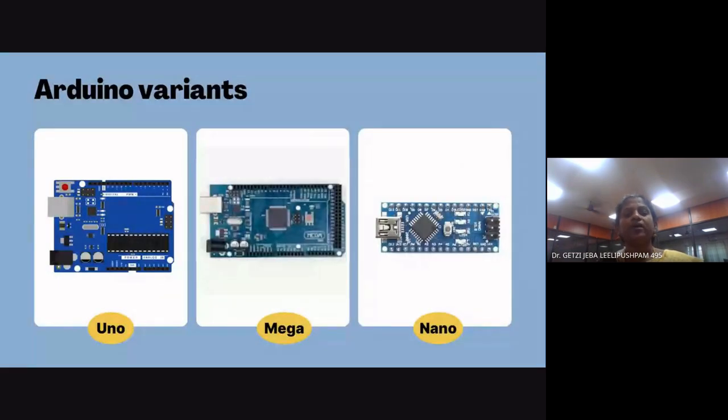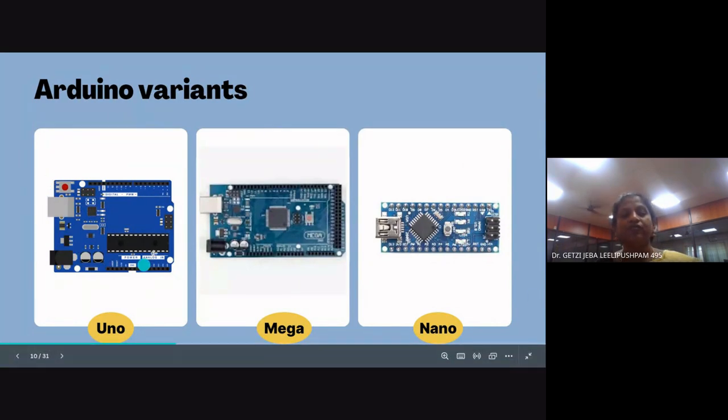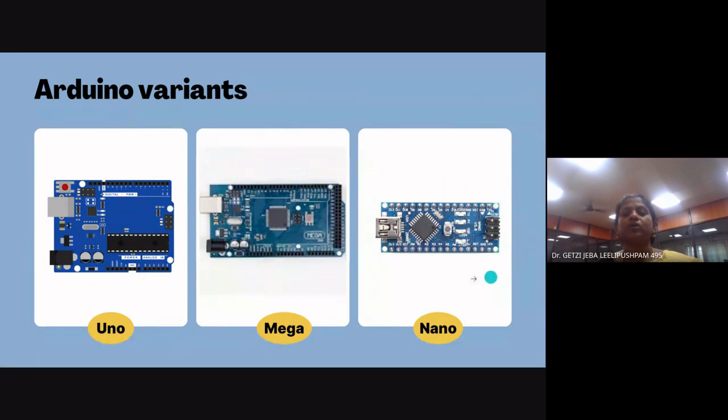Okay, so there are many variants of Arduino available. You might already have seen the first one, which is the Uno, the second one, which is called the Mega, and the third one, called the Nano, which is of a small size. Suppose you are connecting more sensors to your Arduino board; in that case, you'll go for a Mega.